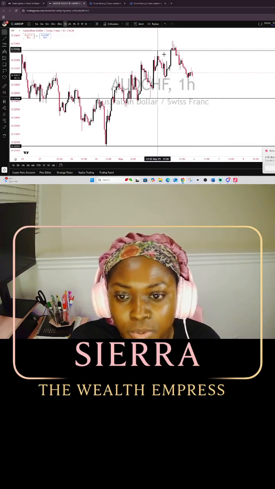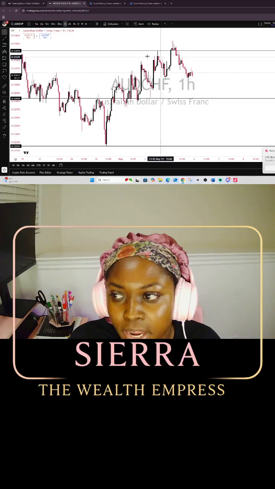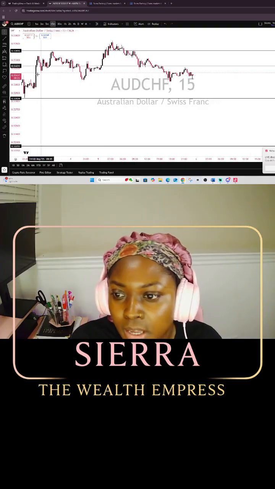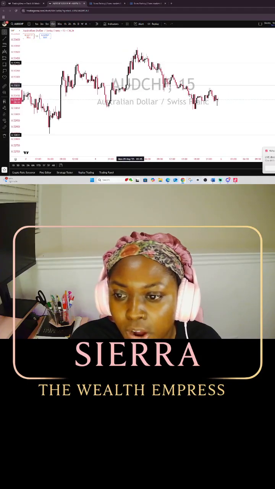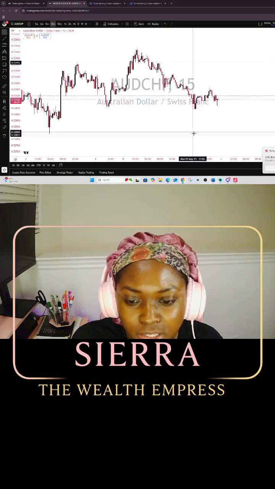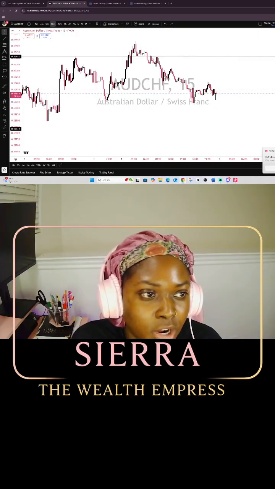You want to see price come outside of the high and then come back into the range and break structure. I look for breaking structure either on the hourly, the 30, or the 15-minute. In this case, we got a 15-minute break of structure here on CHF. Then price created a gap, traded back into the gap, and then came down to the 50%. This was a trade that was missed, but it was a CRT play.